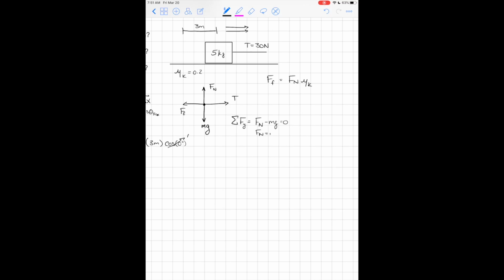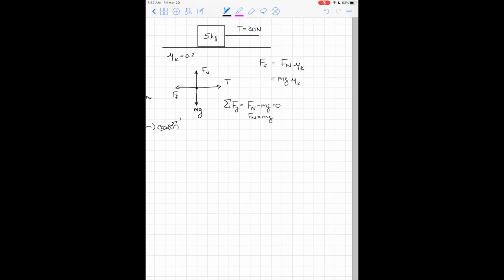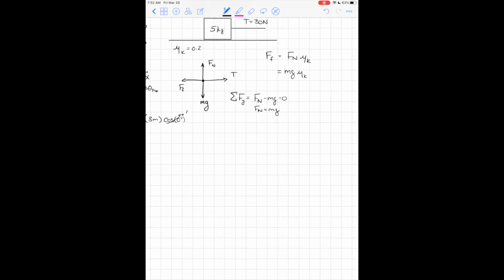So Fn equals mg. Let me rewrite that up here, mg mu k.